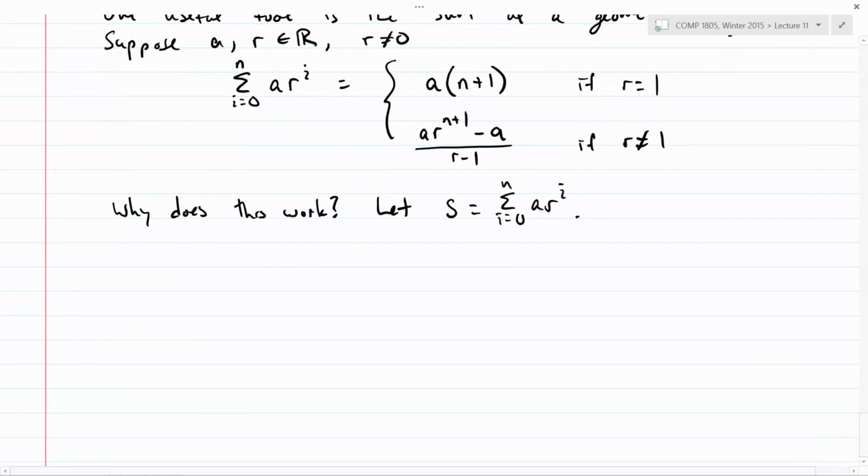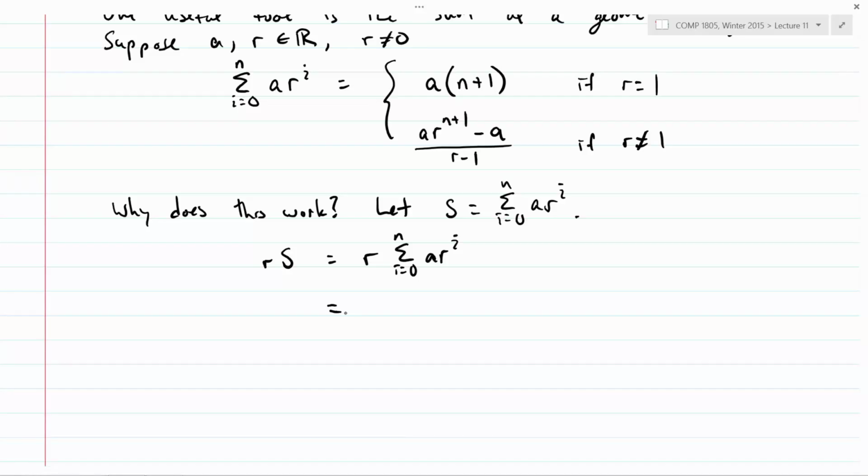So what I'm going to do is look at the value R times S. I'm going to take S and multiply it by R. So I have R times the sum from i equals 0 to n of A R to the i. That's just the definition of S. Well, if I can factor the R out, then I can certainly distribute it back in.